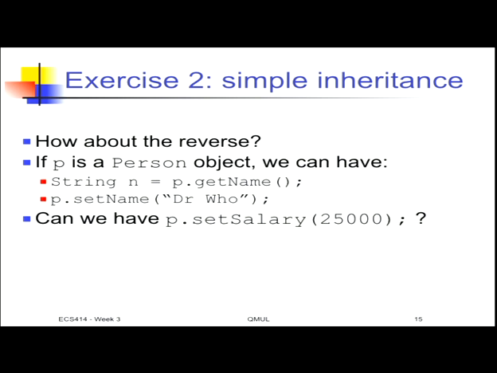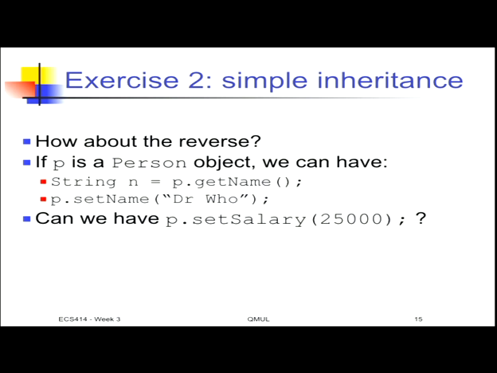So it looks for the setSalary method in the class Person, but in the class Person there is no setSalary method, so it is not going to find that symbol, and you will have the compiler error "symbol not found".